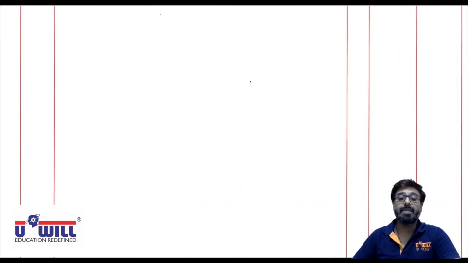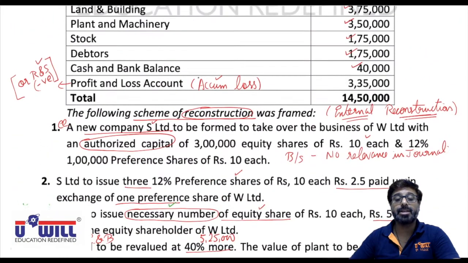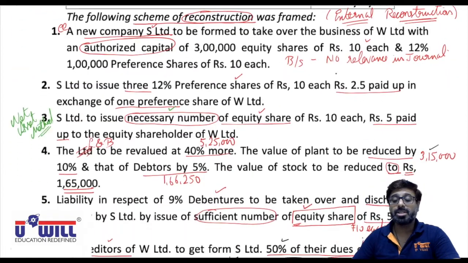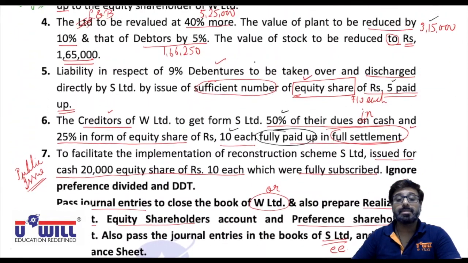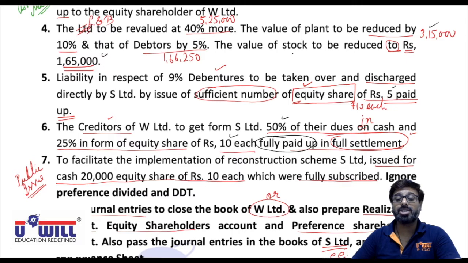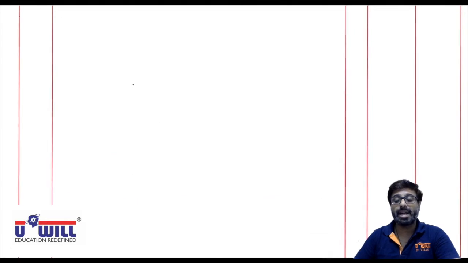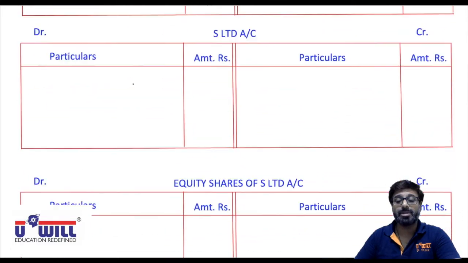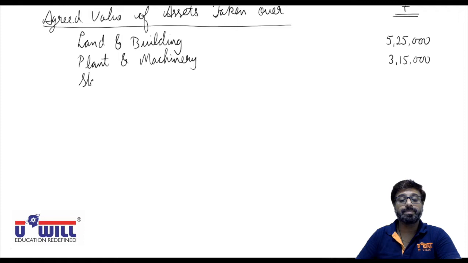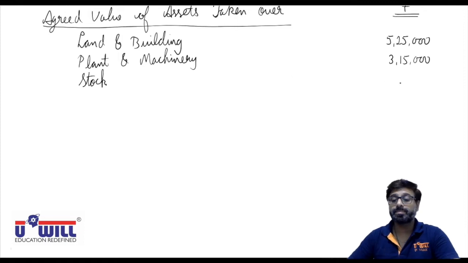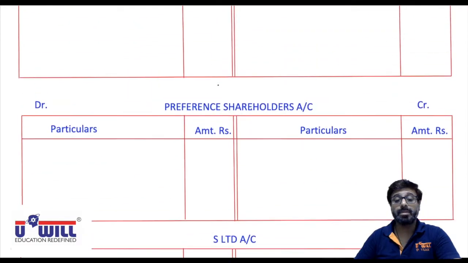Then after plant and machinery, which is the next asset in the balance sheet? Stock. But stock's value is directly given here as 1,65,000. Stock is to be reduced to 1,65,000, so stock we will directly write 1,65,000. Then after stock, debtors.